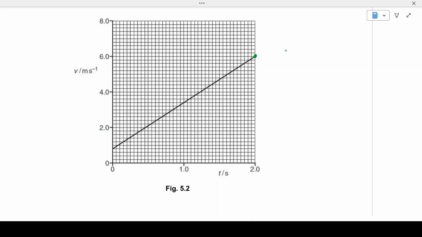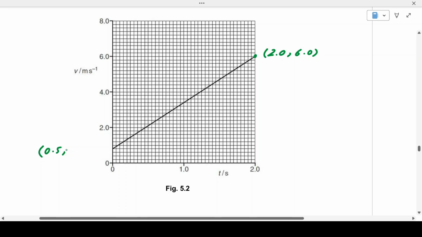This point is 2.0 and 6.0 coordinates, and this one is 0.5 against 2. It's not exactly in the middle.